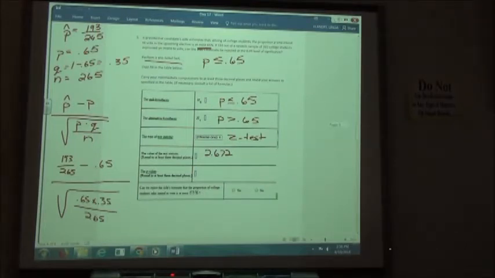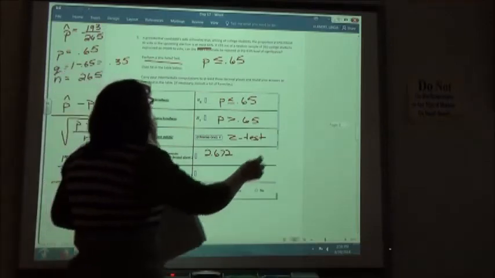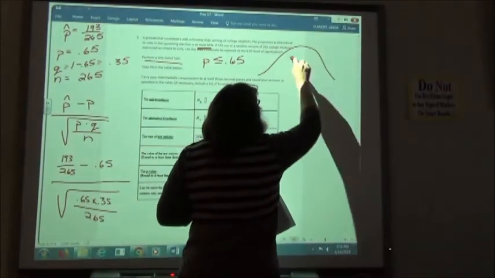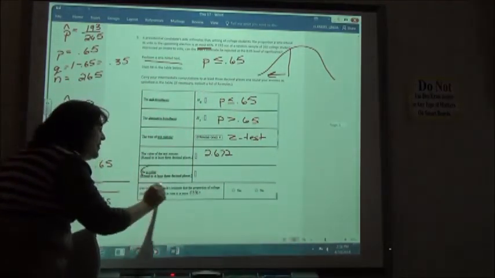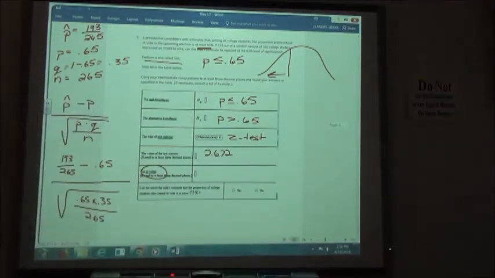All right. We are doing a one-tailed test. Our one-tailed test says we're testing less than. We are going to find the p-value. Now when you do p of z on the calculator, it tests which direction? P of z is greater than.